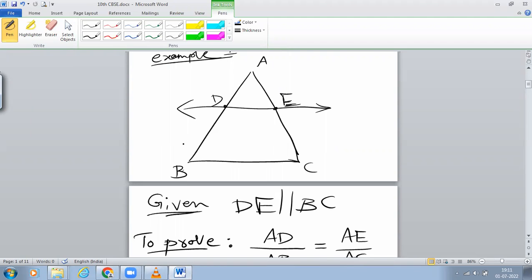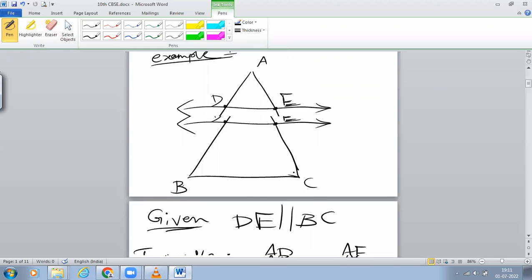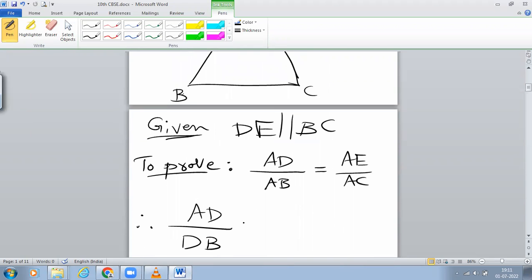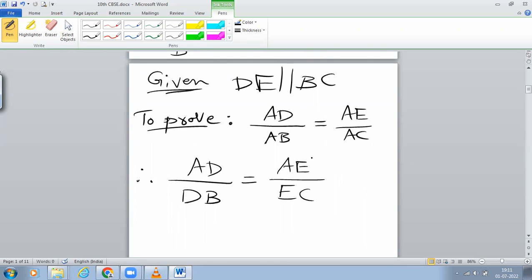So the ratio of AD and DB is equal to, and here this line is intersecting at point E, AE by EC. So AD by DB is equal to AE by EC. This is because of which theorem? By BPT, by Thales theorem.